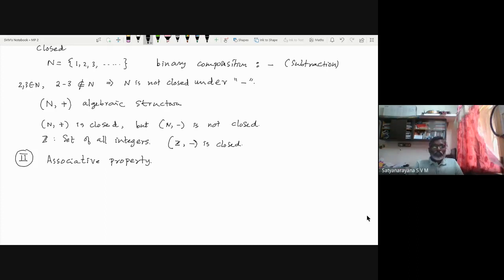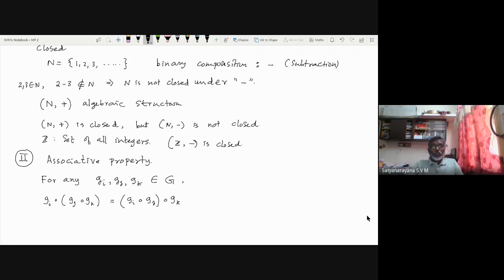Associativity is, so for any Gi, Gj, Gk, for any three elements belonging to set G, okay, we should have Gi composed of the result of composition of Gj and Gk is same as Gi composition of Gj composition of Gk.